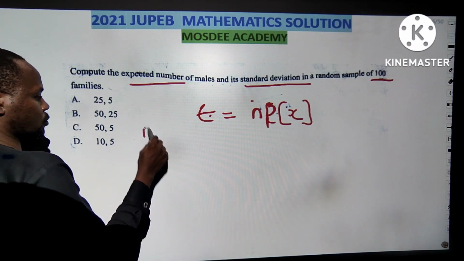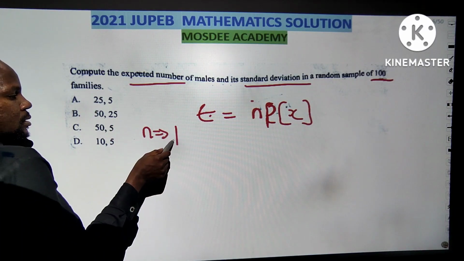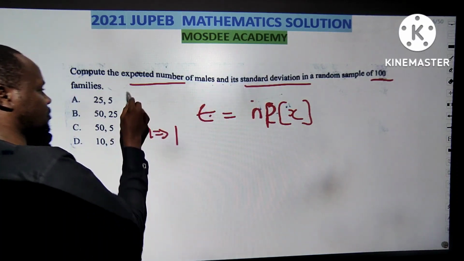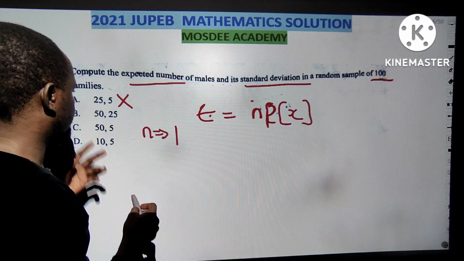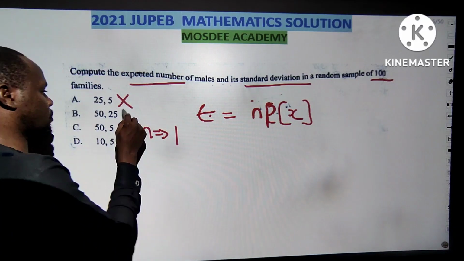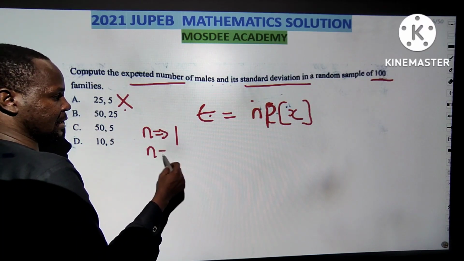When the sample is 1, I can start testing. 25 times 1 is 25, and times 5 is greater than 100, this can never work. 50 times 1 is 50, 50 plus 25 is not going to work with 1. If we use 2, it will be greater.